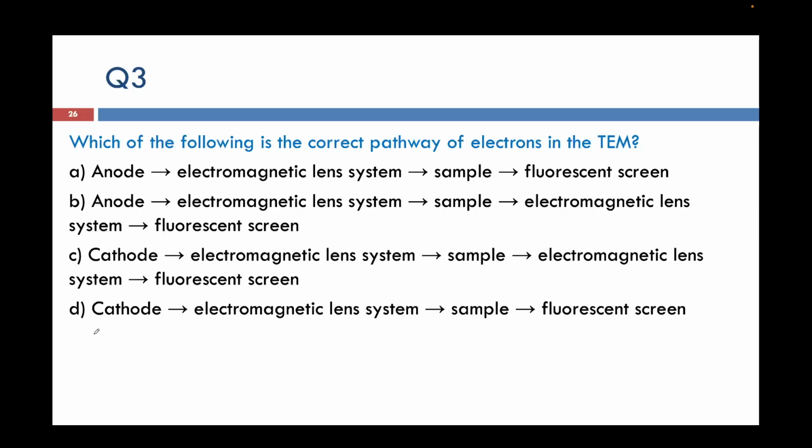Question 3 asks, which of the following is the correct pathway of electrons in the TEM? Out of the 4, which one is the correct pathway? Can anyone say? From the electron column that I have drawn, which one is the correct pathway?